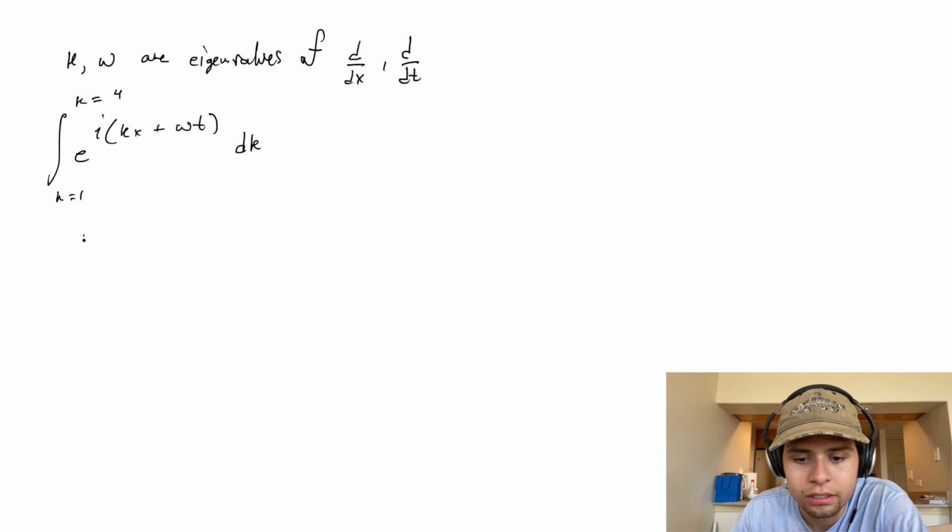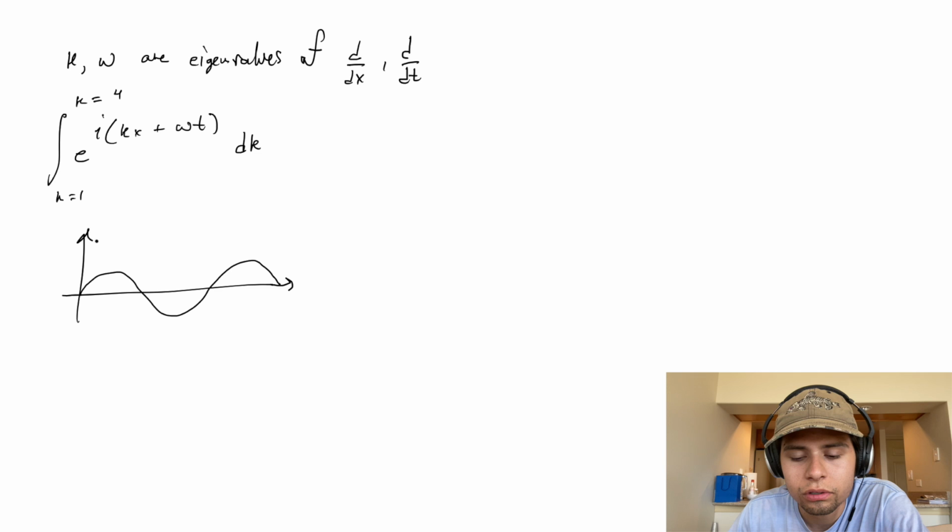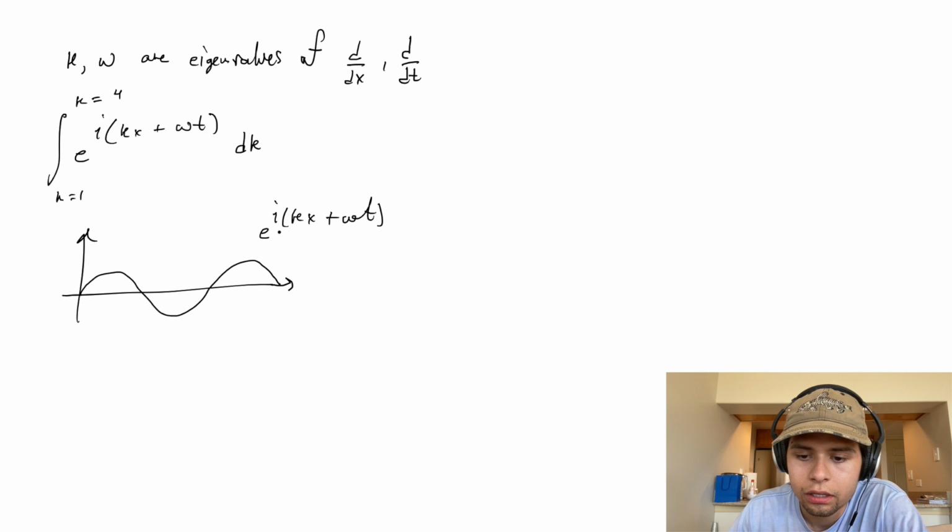So we can think of this as a graph that looks like this. It's a sinusoidal function, e to the i (kx plus omega t), but instead of this axis being x, this axis is k.